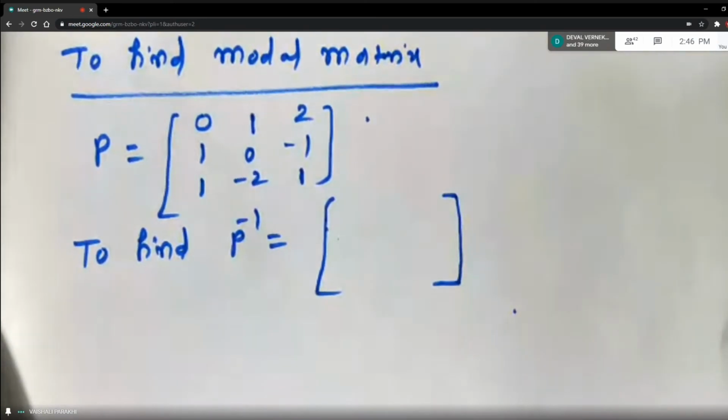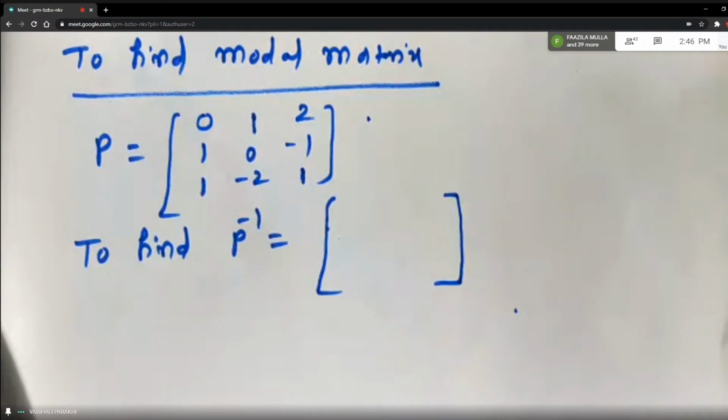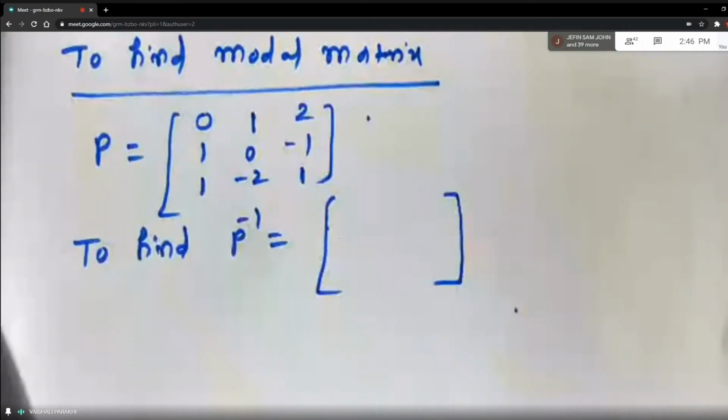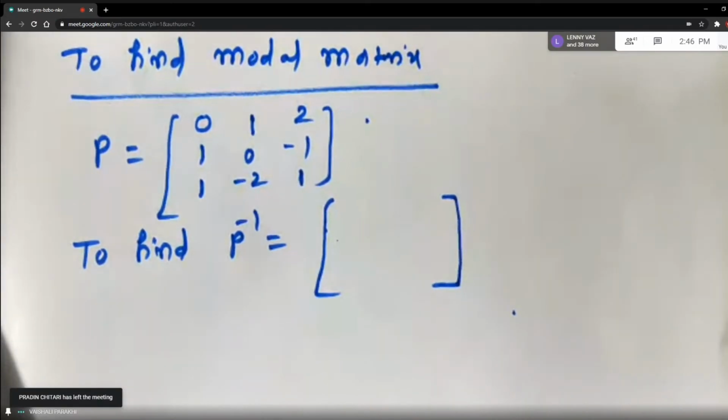Sujit, can you tell me what is P inverse? Sujit, are you there? Where is Sujit? Yes, ma'am. Okay, can you tell me what is P inverse?